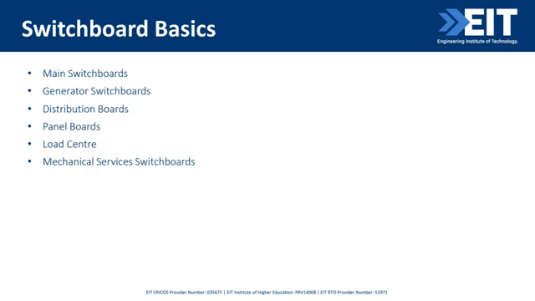You might have smaller distribution boards located throughout a facility that distribute light and power. You might have heard the term panel boards, which are just very small, 12 pole or residential sized switchboards. You could have load centers, which are very similar to panel boards, or you can have switchboards that are dedicated to mechanical services themselves.